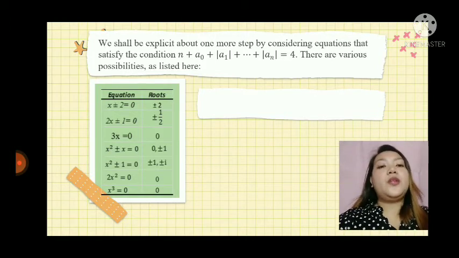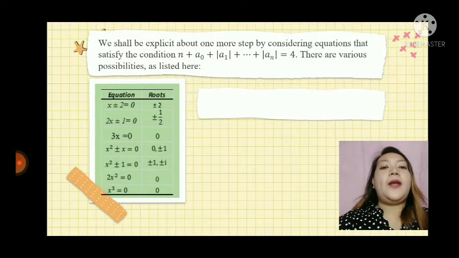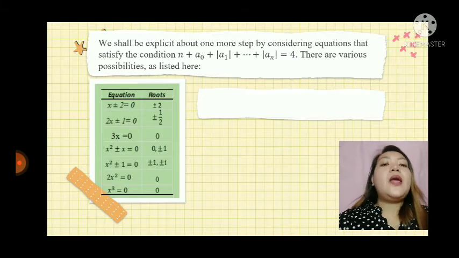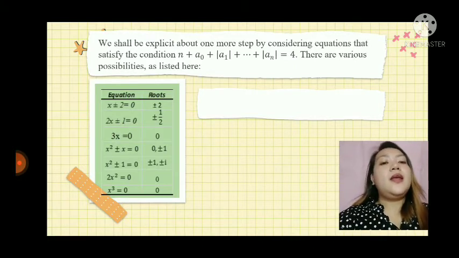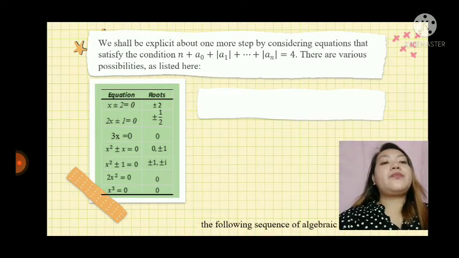x squared plus or minus x equals 0 has roots 0 and plus or minus 1. x squared plus or minus 1 equals 0 has roots plus or minus 1 or plus or minus i. 2x squared equals 0 has root 0, and x cubed equals 0 has root 0.